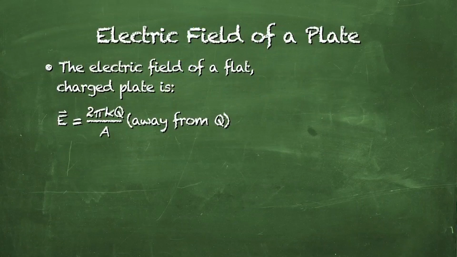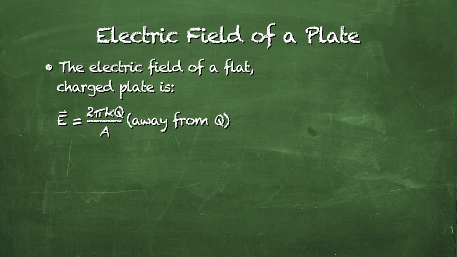The electric field of a flat charged plate is 2 pi times k, our same constant k, times the charge on the plate, q, divided by the area of the plate, A, and it points in the direction away from Q. So for a flat charged plate, we have a constant electric field, just as for a flat Earth, we have a constant gravitational field.